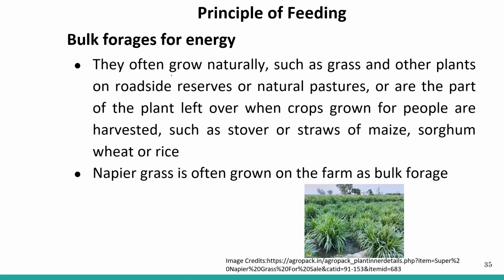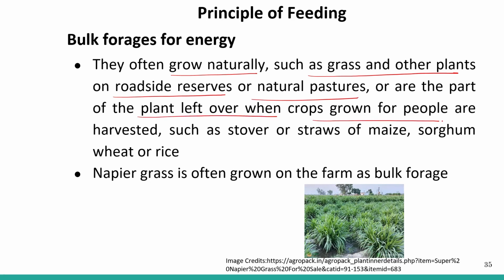They often grow naturally, such as grass and other plants on roadside reserves or natural pastures, or are the part of the plant left over when crops grown for people are harvested, such as stover or straws of maize, sorghum, wheat or rice.